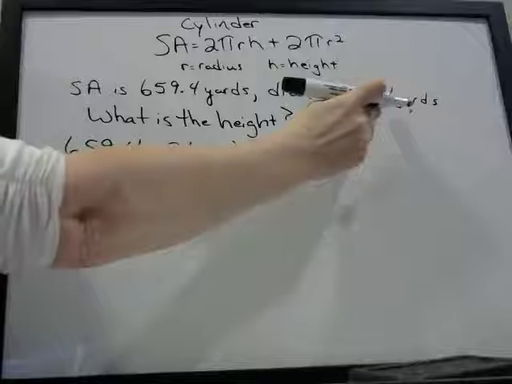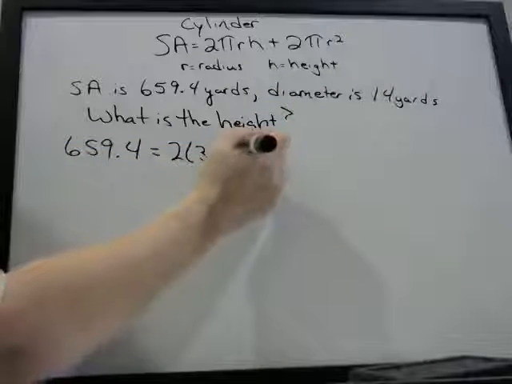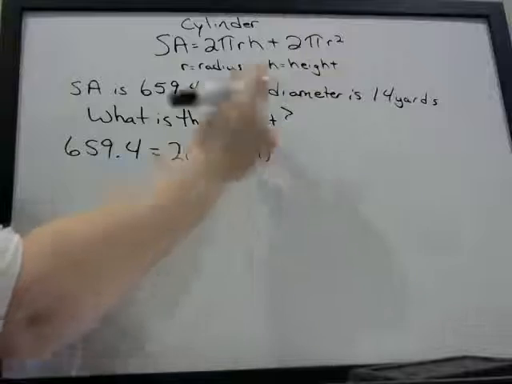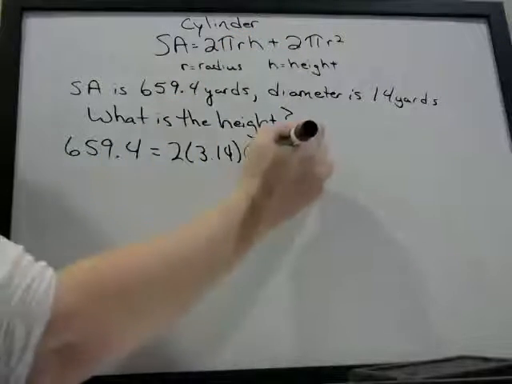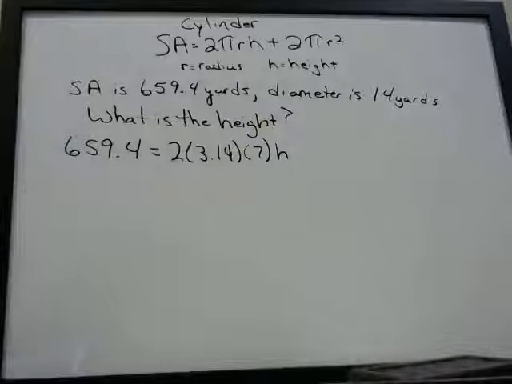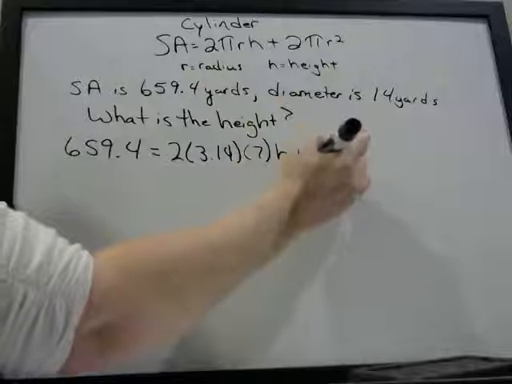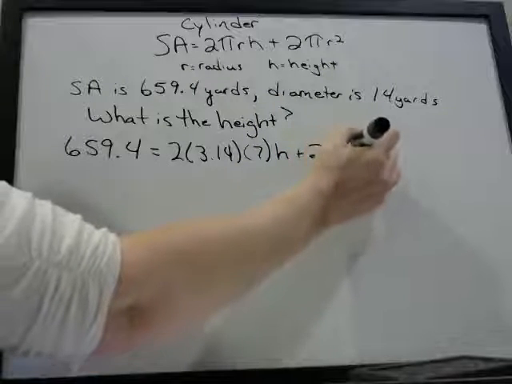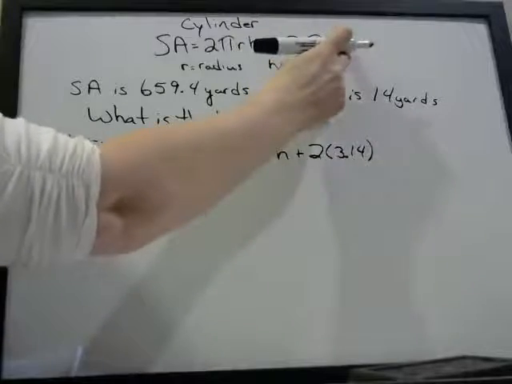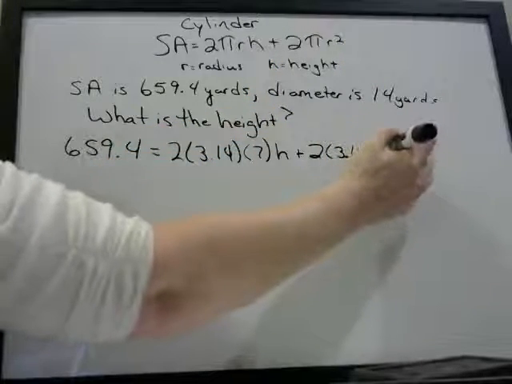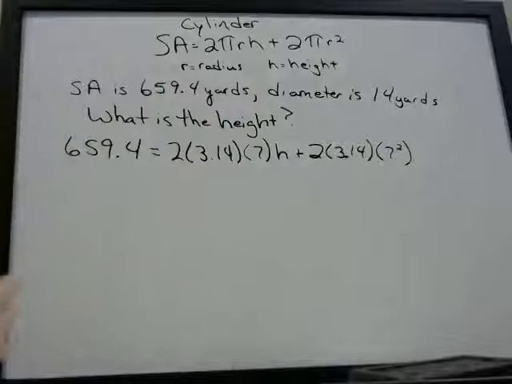The radius is half of the diameter. 14 divided by 2 is 7 times the height. Well, we don't know the height. That's what we're going to have to figure out. So for now, we're just going to leave the h there. Plus 2 times pi, 3.14, times radius squared. Remember, it's 7 squared. 7 times 7 is 49.